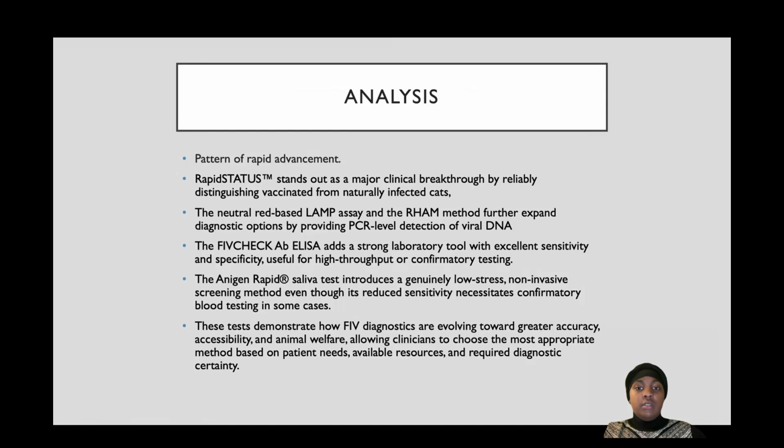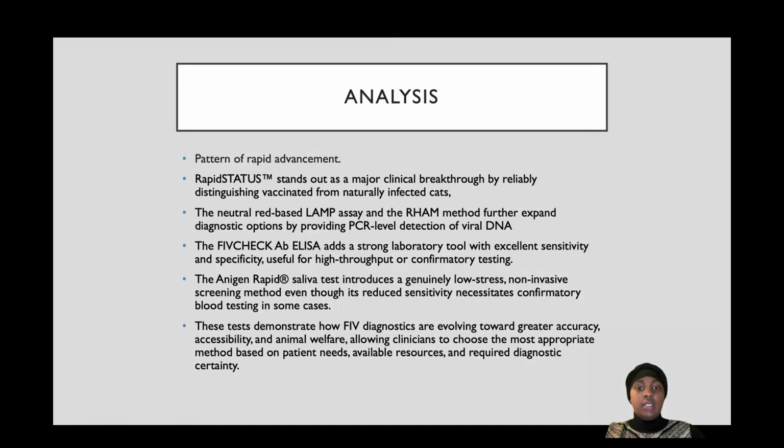Molecular innovations, such as the neutral red-based LAMP assay and the RAM method, further expand diagnostic options by providing PCR-level detection of viral DNA with less equipment, enabling fast, affordable testing in shelters, field settings, and low-resource clinics.